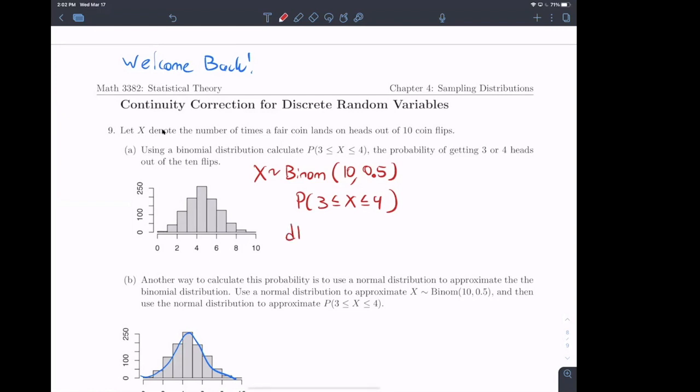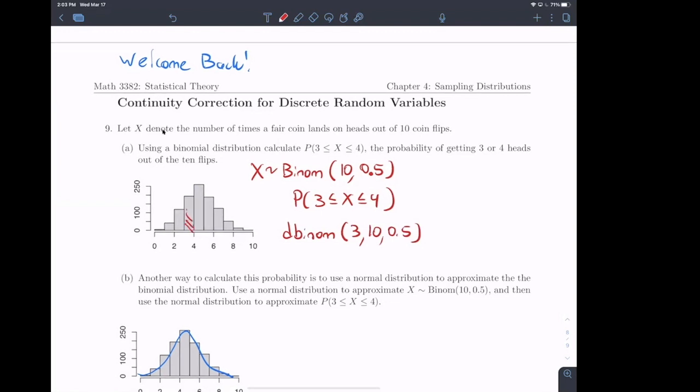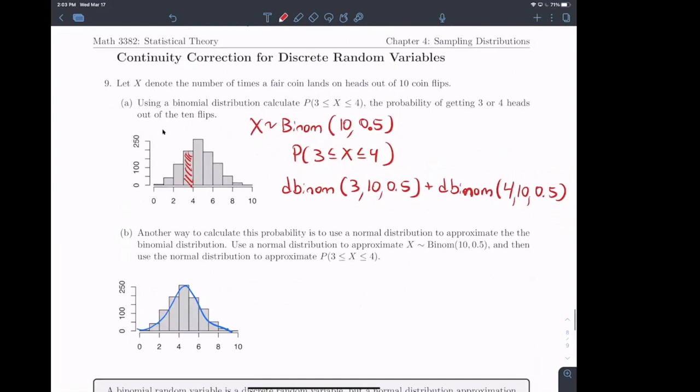We could do this in a number of ways, but that's going to calculate the probability of getting exactly 3 heads. And then we also take into account the odds of getting exactly 4 heads.